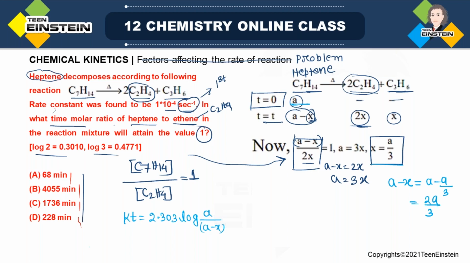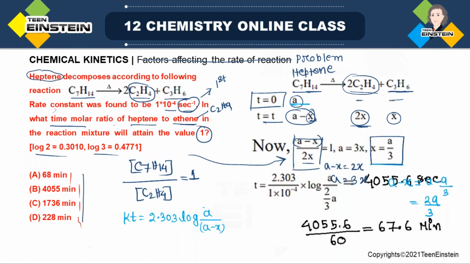So in this equation, now we will put the value of A minus X. Here, in place of A minus X, we have written 2A by 3. After calculation, you will see the value of time T, because the K value is given, which is 10 to the power minus 4.